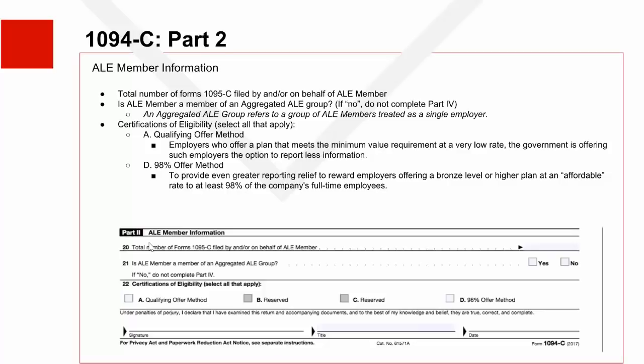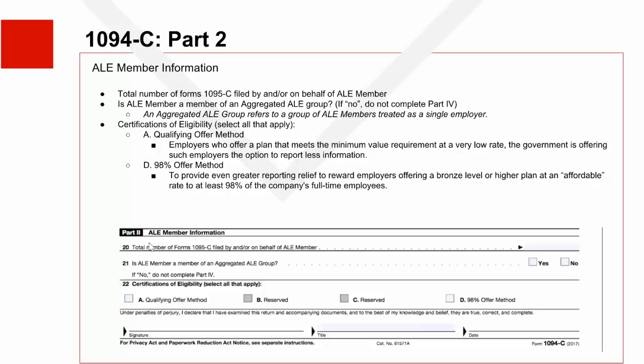The idea behind the qualifying offer method is that it applies to employers who offer a plan that meets the minimum value requirements at a very low rate. So the government is essentially offering a grace for employers who apply so that they have to report less information.